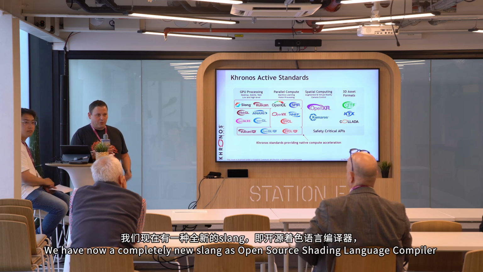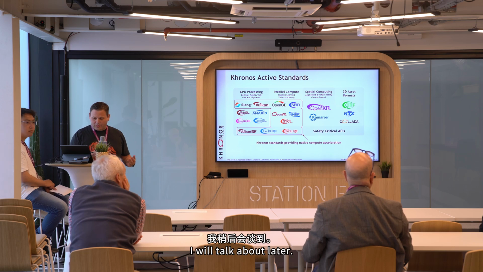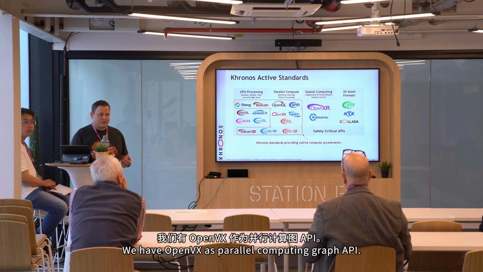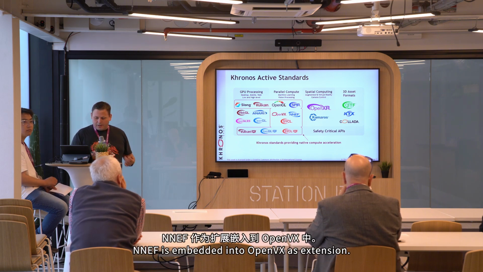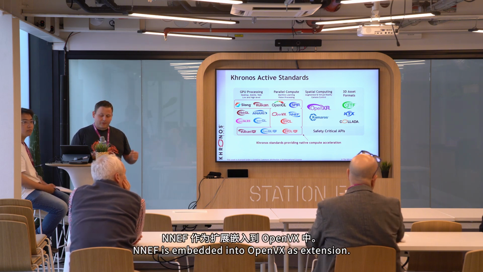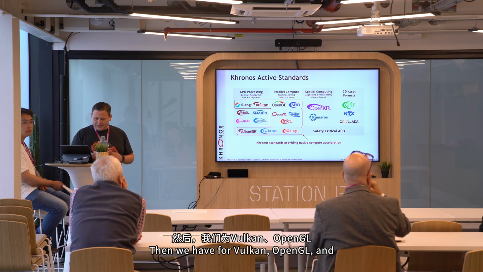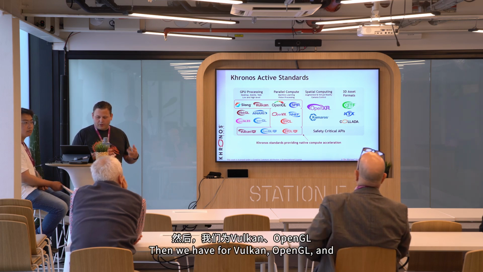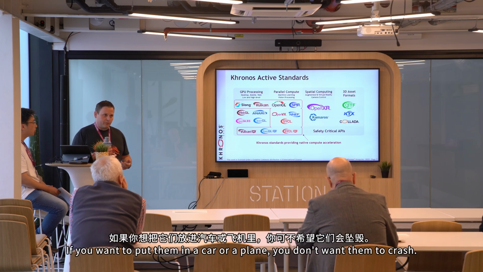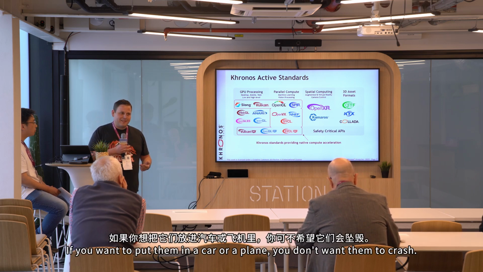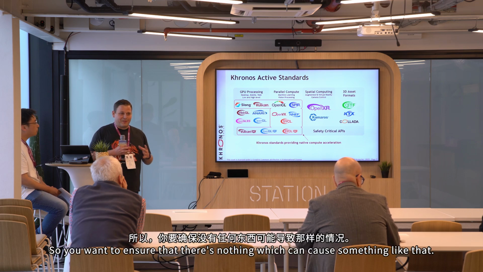We have now completely new Slang as open source shading language compiler, I will talk about later. We have OpenVX as parallel computing graph API. NNEF is embedded into OpenVX as extension, and then we have for Vulkan, OpenGL, and SYCL safety critical versions of the APIs. If you want to put them in a car or a plane, you don't want them to crash. So you want to ensure that there's nothing which can cause something like that.